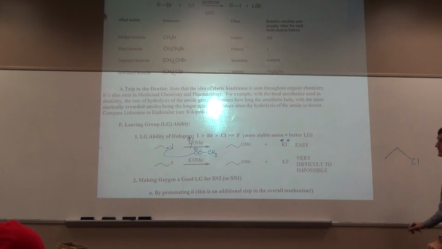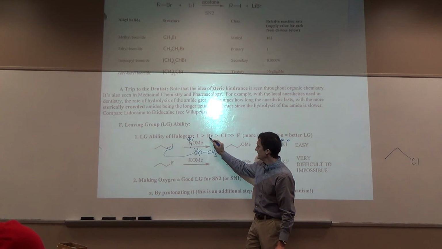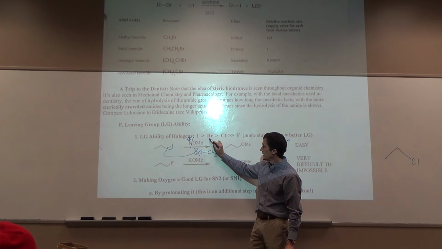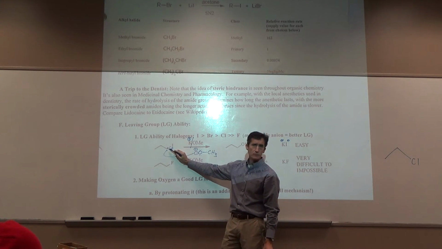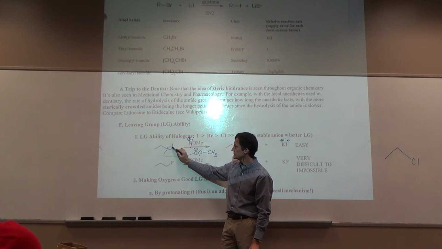Now your halogens are your most common leaving groups. Now for me, the bromine is the best. Why? In practice, because iodine compounds tend to be more expensive to buy. They're also less stable because they can undergo radical reactions.